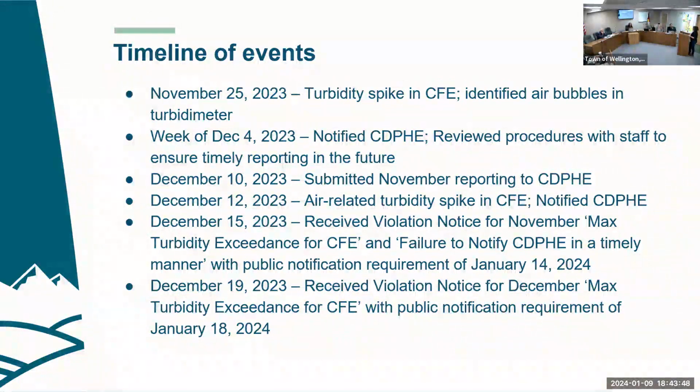That was a mistake on our part, and that didn't happen on that November 25th reading. Once it was identified, in review of all the data as we were compiling data to submit to the state for our monthly reporting, we communicated with CDPHE immediately that week and identified for them that we'd had this elevated reading.